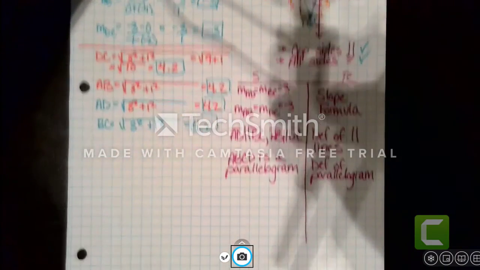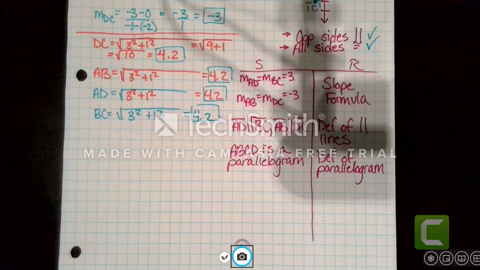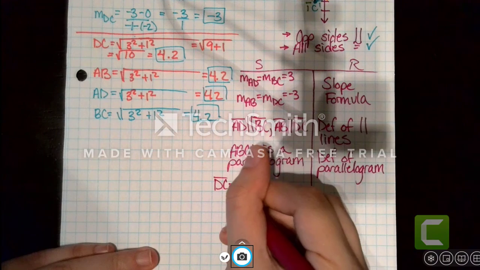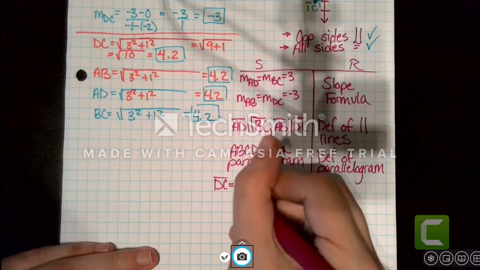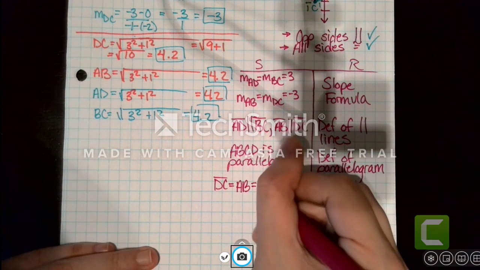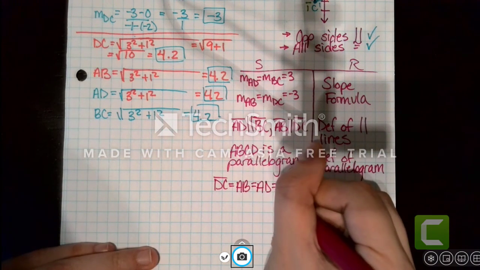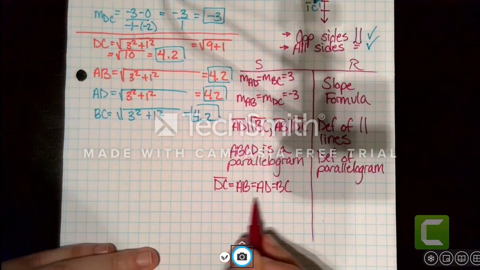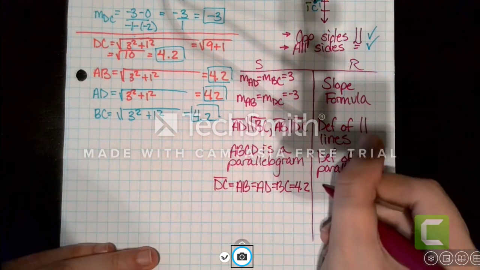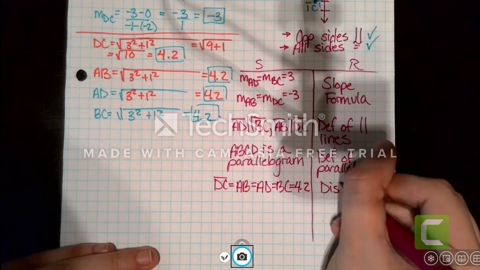Now that we've proven we have a parallelogram, we need to prove that we have a rhombus. So again, now we need to prove congruency. Your next step should be to say that side DC is equal to side AB, which is equal to side AD, which is equal to side BC, and every side measurement is equal to 4.2 by the distance formula.